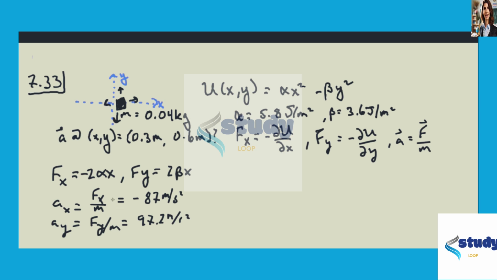So here's the acceleration as a vector. Its magnitude, of course, comes from the Pythagorean theorem. So it has a magnitude of 130 meters per second squared.